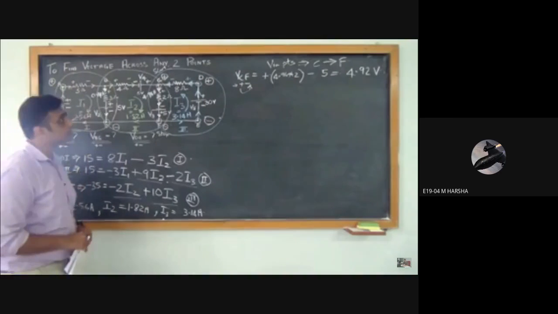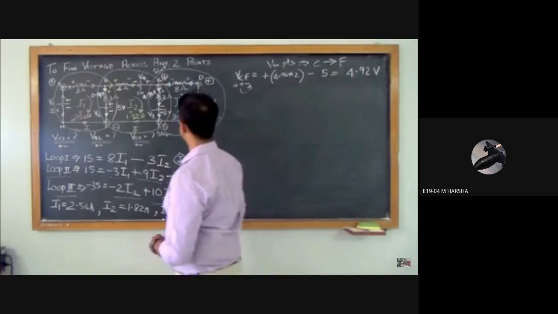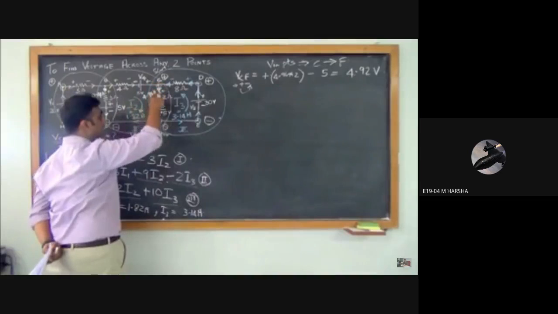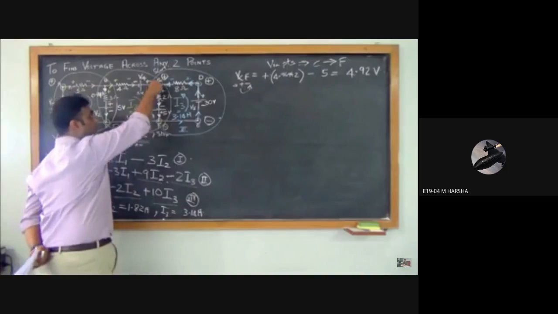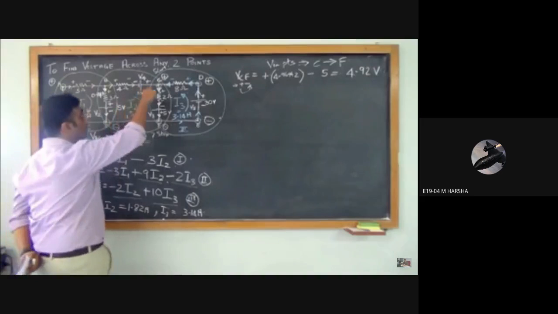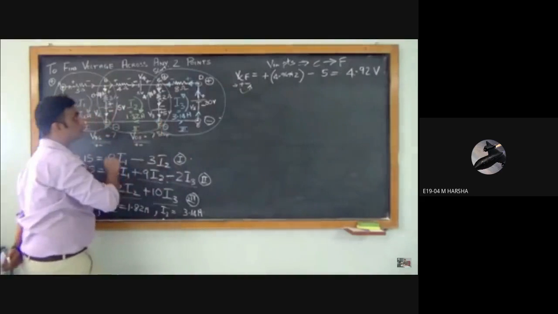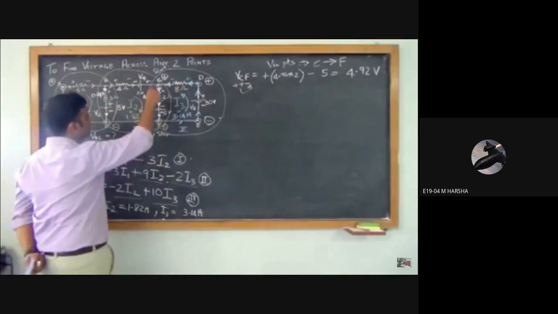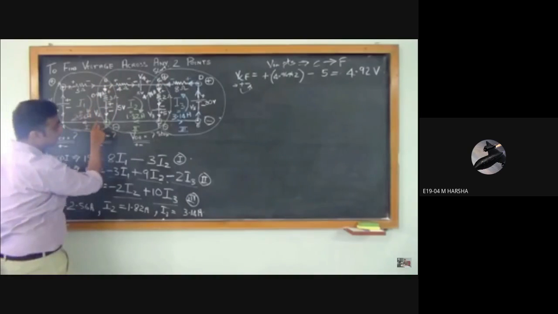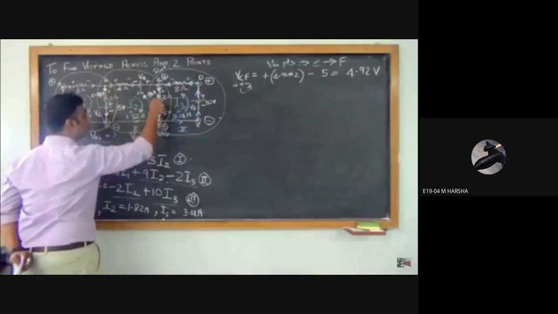So now we found out the voltage VCF, which is equal to 4.92 volts. But now this is across C and F, so wire points directly C and F. Now we can even go via points C to D, D to E, and E to F. You can even go via points C to B, B to G, and G to F. So you can either go in this loop, or in this loop, or you can go directly.